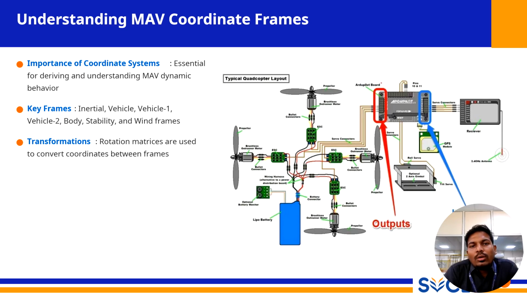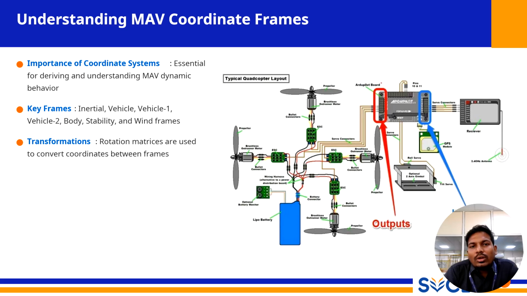Let's briefly touch on what some of these represent. The inertial frame, or the Earth frame, is our fixed reference. You can think of it as being attached to the ground with axes pointing north, east, and down.